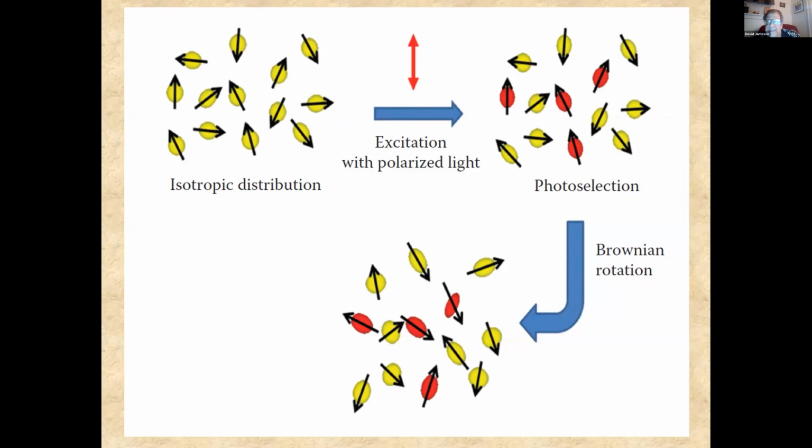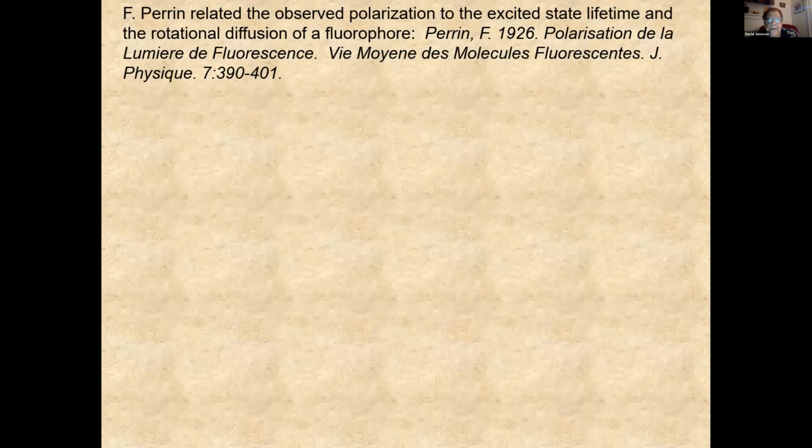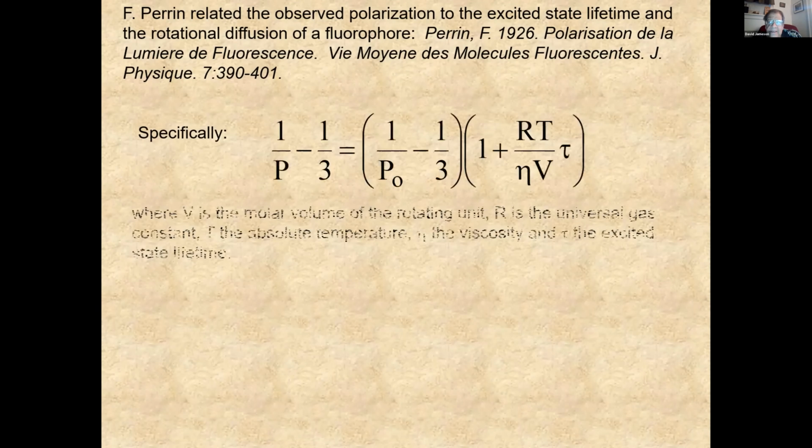So again, to summarize, we have a population randomly oriented in solution. We excite with polarized light, photoselect out one population, then during the excited state lifetime, these selected molecules can rotate. Obviously, the other ones can rotate too, but it's the fluorescent ones we're interested in. Now, it was Francis Perrin in 1926 who related the observed polarization to the rotational diffusion and the excited state lifetime.